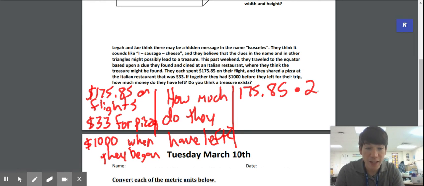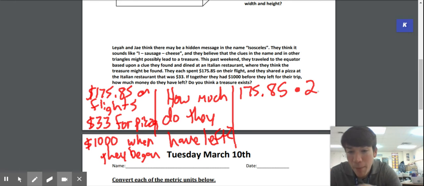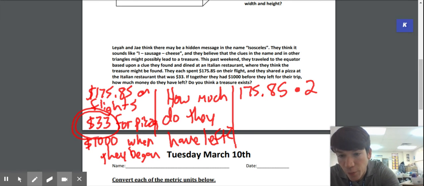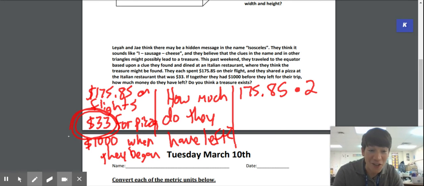Both of them need a ticket, so both of them have to pay. To that, then, we have to remember to add on that pizza price. Remember that this is 33 whole dollars. That's 33 whole dollars as we're adding. And then we're just finding the difference between that and 1,000 to see what is left.